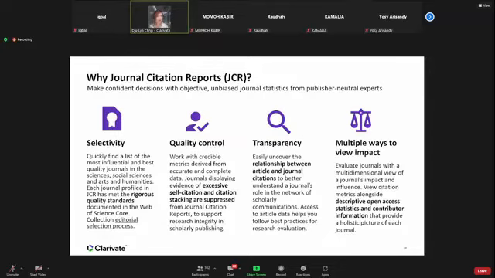Within the Journal Citation Reports, you will be able to see very clearly the formula used for calculating the journal impact factor, as well as what comprises the denominator and the numerator of that equation. So it is very clear which articles and citations have contributed to that journal's impact factor. Okay.